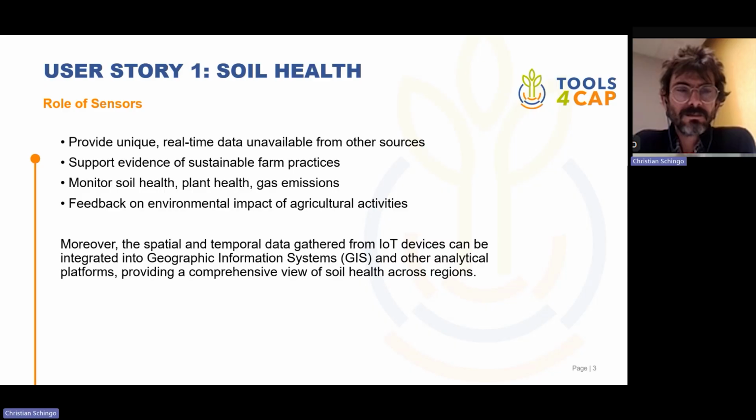It's also very important to underline that the spatial and temporal data gathered from the sensors can be integrated into geographic information systems and other analytical platforms, which can provide a comprehensive view of soil health across regions. So mixing sensors with GIS systems gives us a regional overview of the soil health rather than just a single farm.